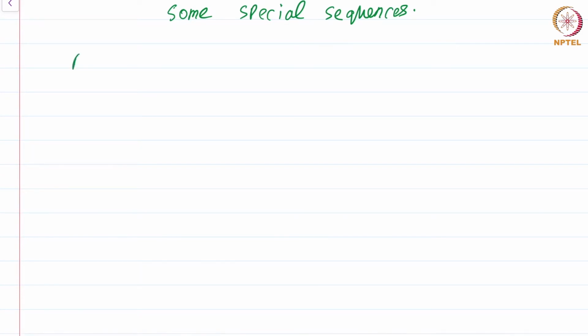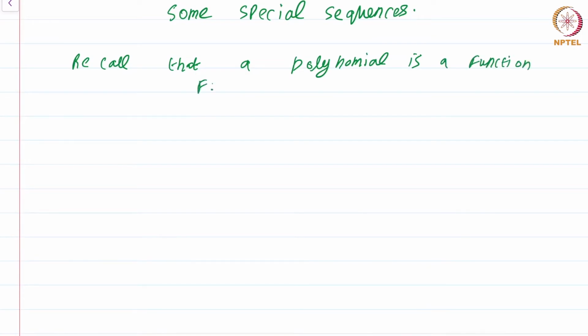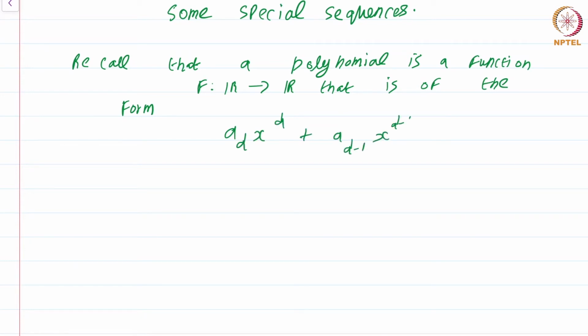Recall that a polynomial is a function f from R to R that is of the form a_d x^d + a_{d-1} x^{d-1} + ... + a_0.